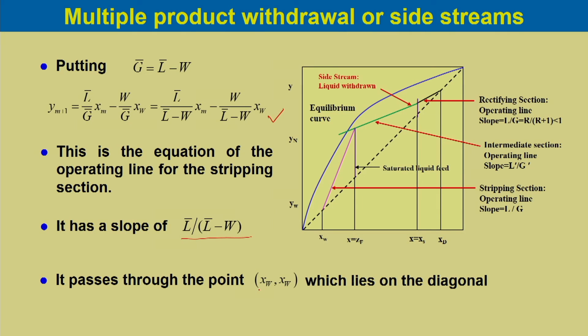It passes through the point x W, x W, and it lies on the diagonal.